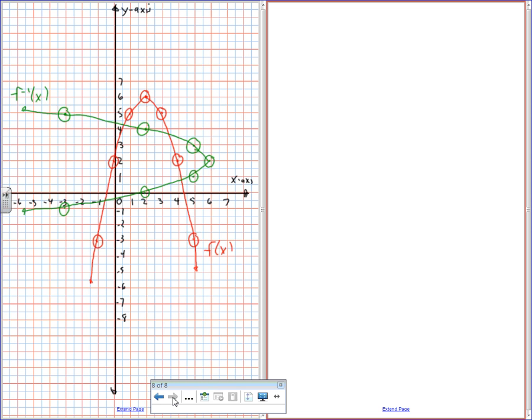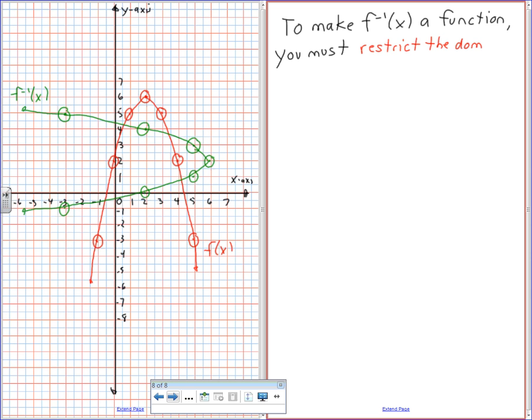To make f inverse of x a function, you must restrict the domain of f of x by cutting off one arm at the vertex.